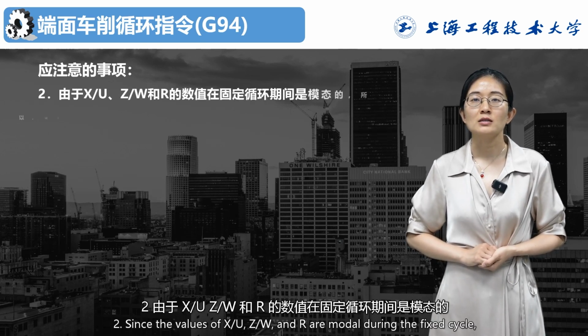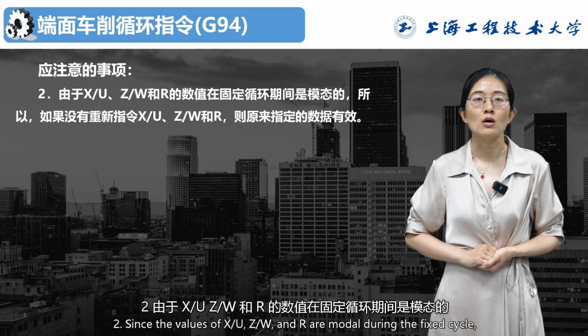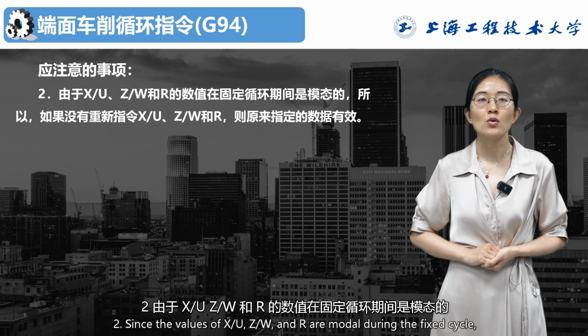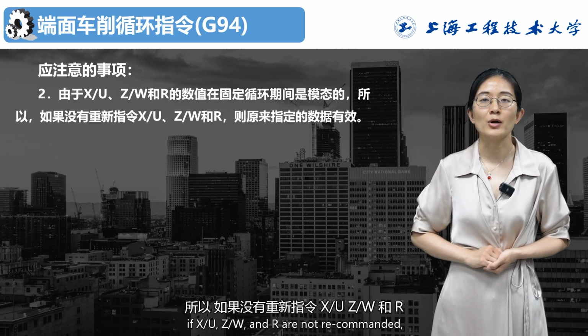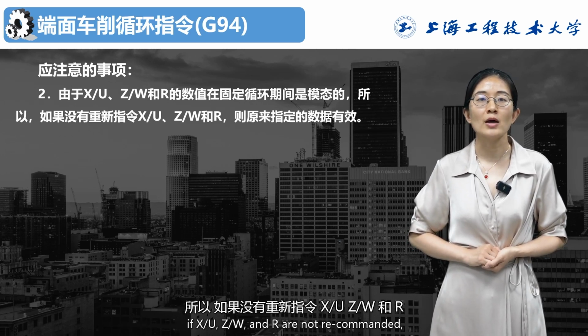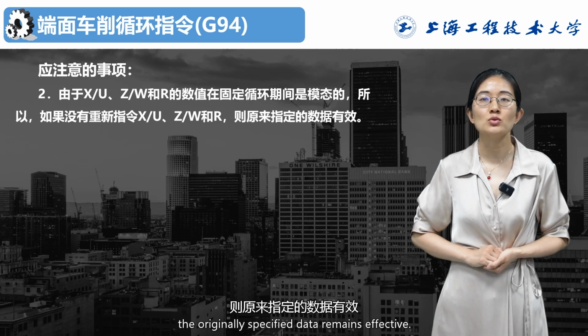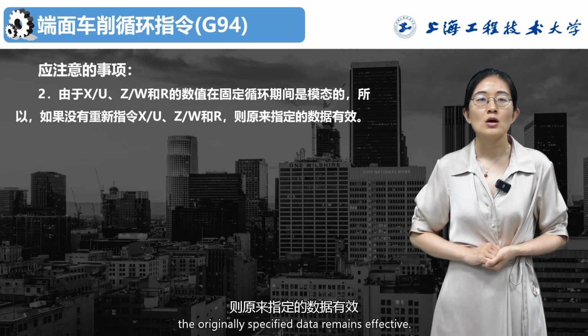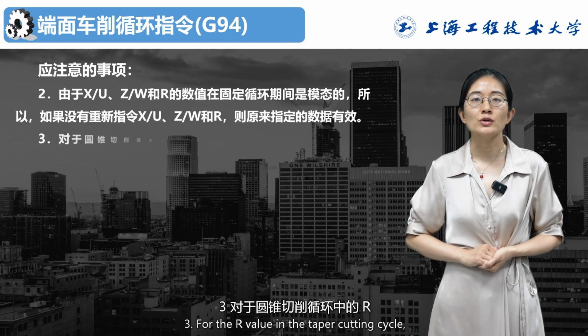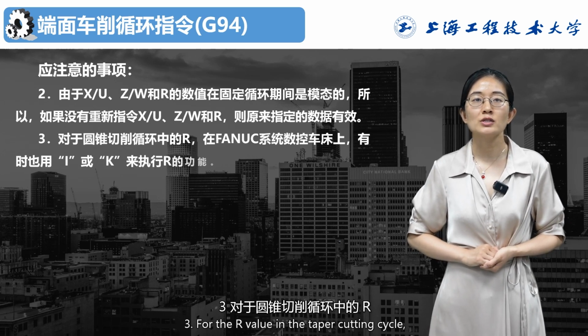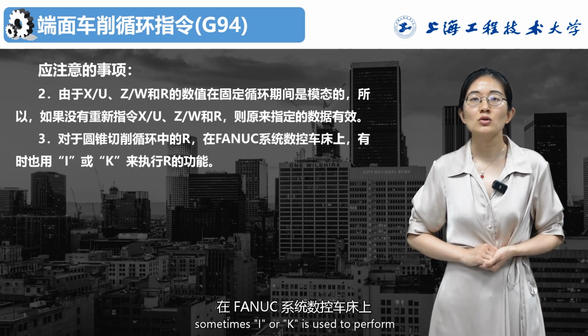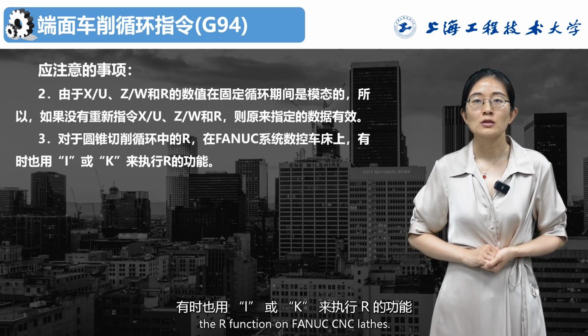Second, since the values of X or U, Z or W, and R are modal during the fixed cycle, if X or U, Z or W, and R are not re-specified, the originally specified data remains effective. Third, for the R value in the taper cutting cycle, sometimes I or K is used to perform the R function on Fanuc CNC lathes.